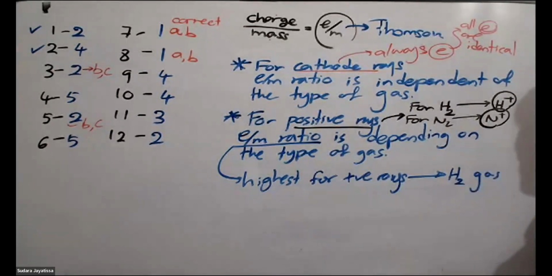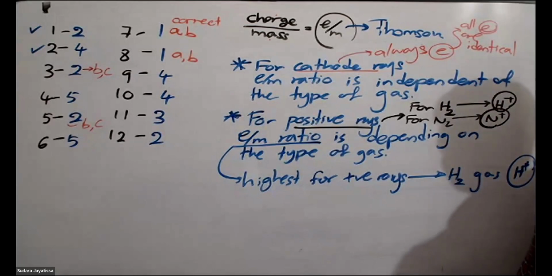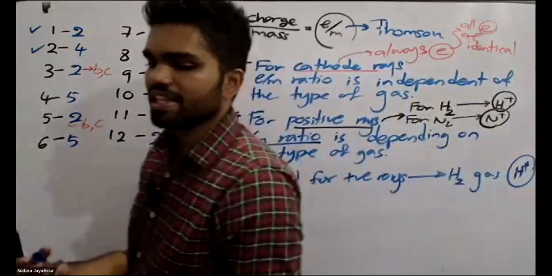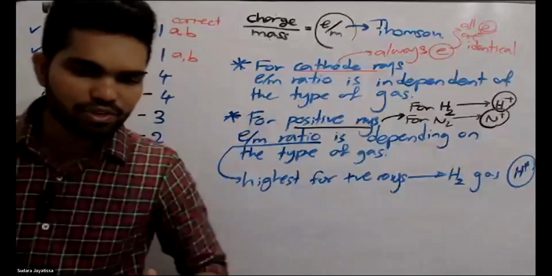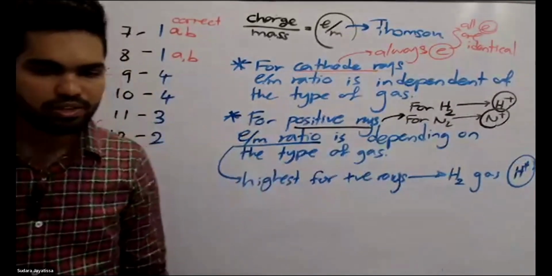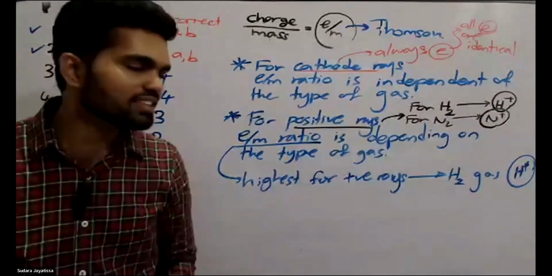H2 gas gives the highest e/m ratio, which is actually H+. And all other gases have whole number divisions of this value. So we write a clean note regarding this one.